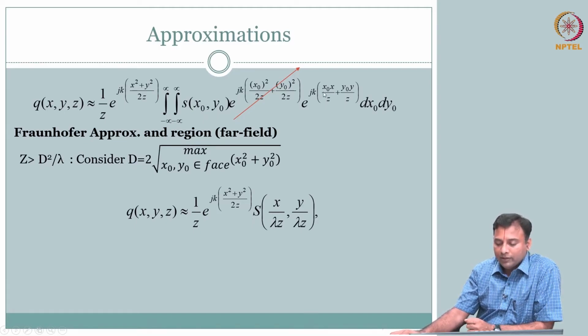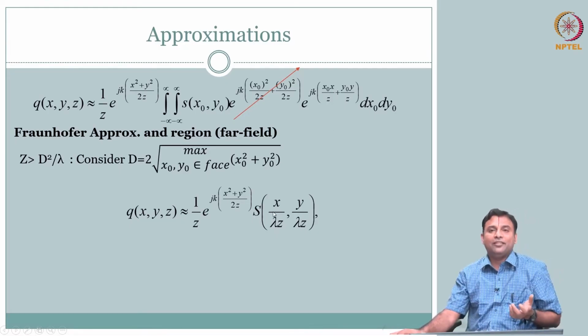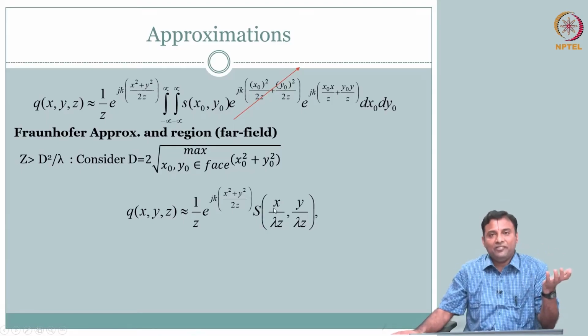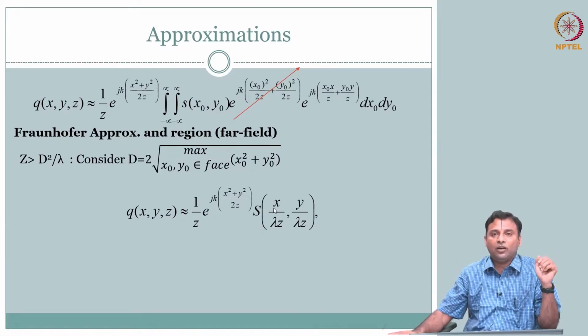Only thing is, you have to recognize u and v. This was x naught and y naught, so x by lambda z, y by lambda z. So you have a spatial frequency ux vy, as we wrote in our general formulation. You can recognize what u and v are: 1 by lambda z each.